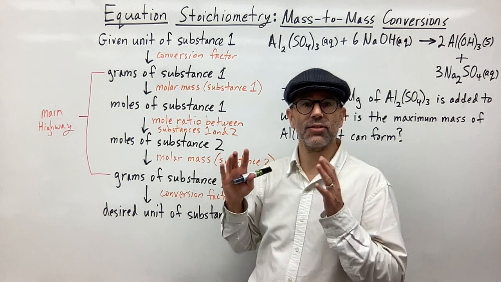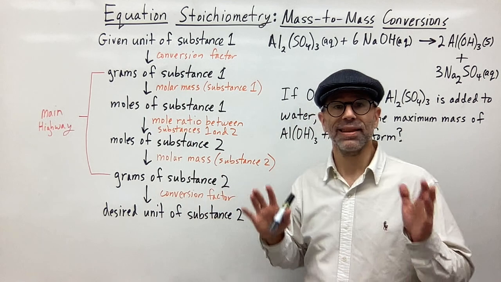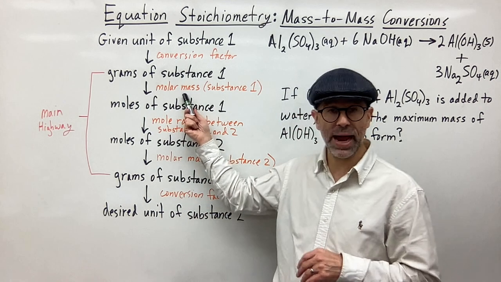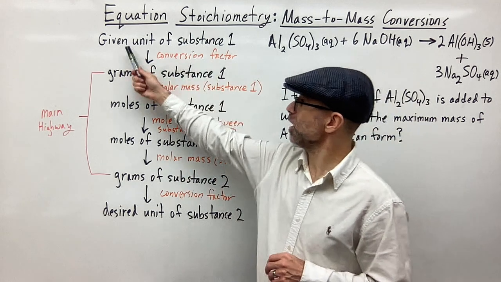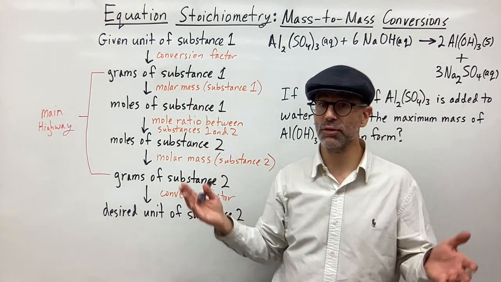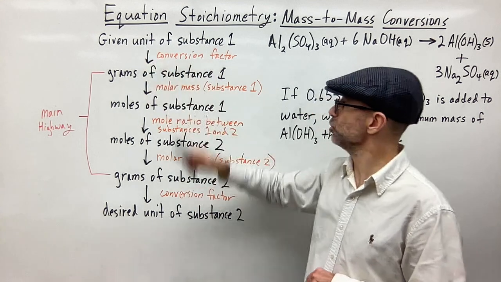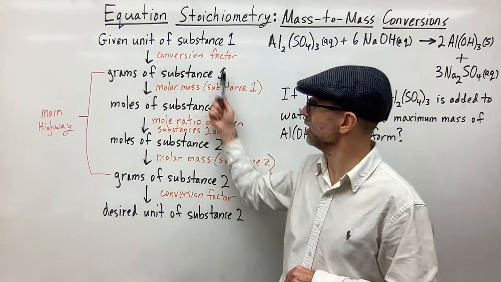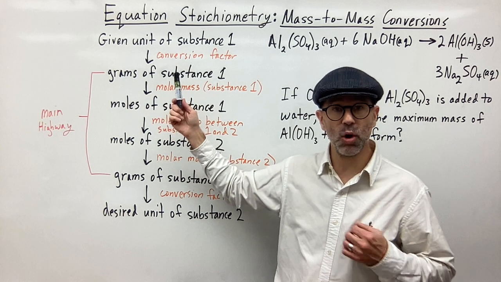Because the goal is to get to moles, and if you don't have grams, then you can't use molar mass as a conversion factor. So if they give you some unit other than grams, you've got to use a conversion factor or maybe a few conversion factors to get it from that unit in mass to the unit in grams of that substance, whatever that substance number one is.